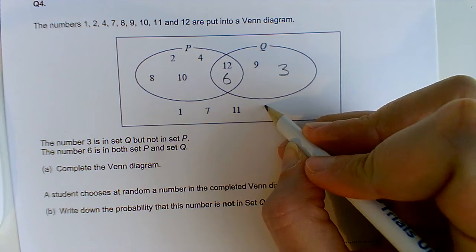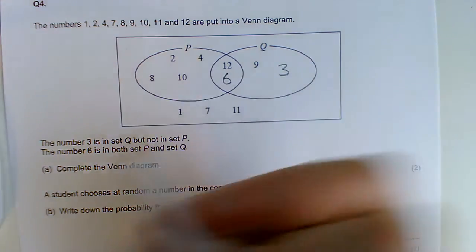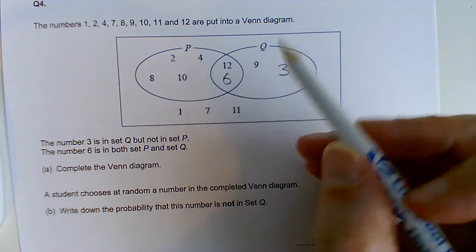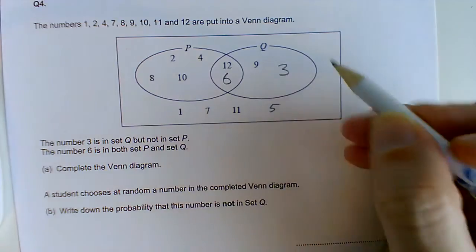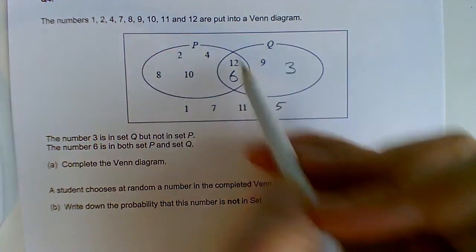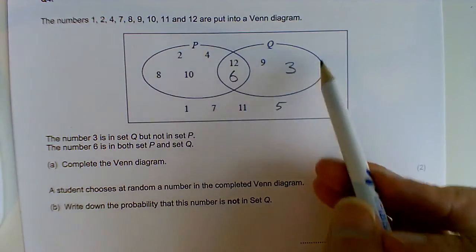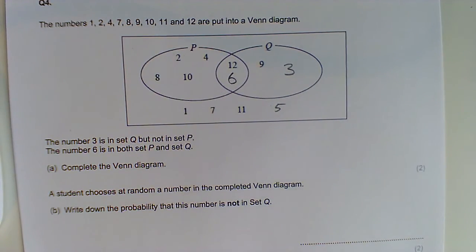Okay, it's a bit weird, that Venn diagram. It doesn't give you too much information, does it? Yeah, I think it should say the numbers 1 to 12 are going to be put in, and we're only missing 5, aren't we? So basically, what you should be spotting there is that P is the 2 times table and Q is the 3 times table. Okay, so that's that done.